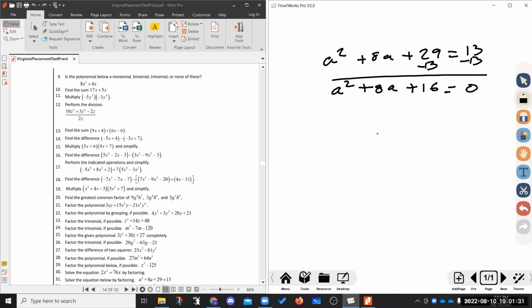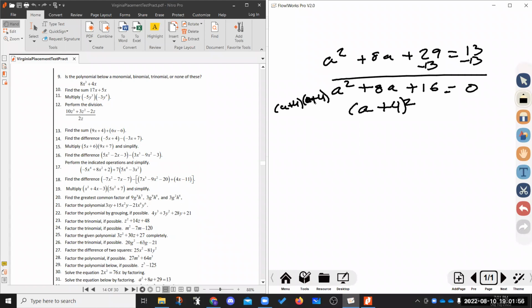Now what we have here is a special case that is a perfect square trinomial, because 16 is 4 times 4. 4 plus 4 is 8. So this is really a plus 4 quantity squared, because it's the same thing, a plus 4 times another a plus 4. 4 times 4 gave me 16.